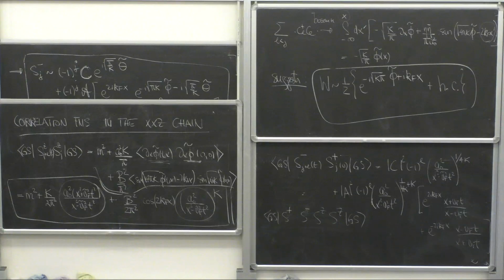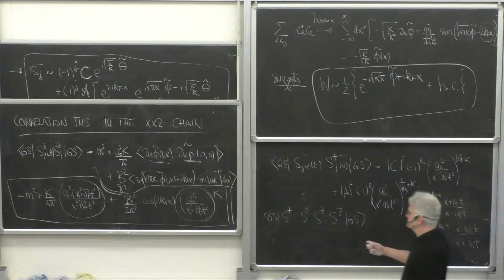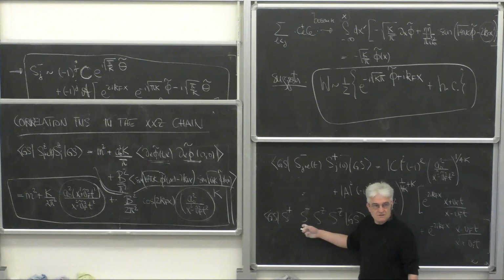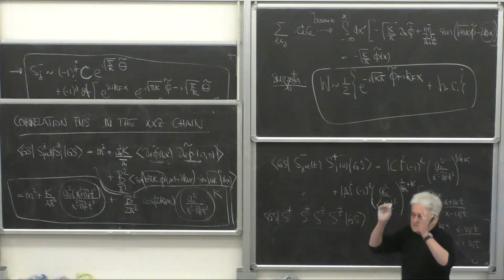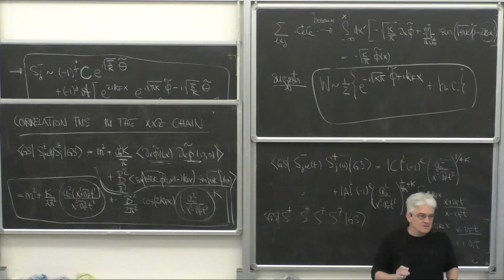There is some truth in what you say, but the spin model is not a free theory. So I do not have a Wick's theorem at the level of the spin operators. But you're going in the right direction. So what do I do? And then you use Wick's theorem, exactly.